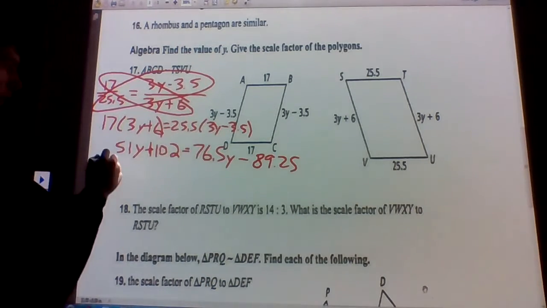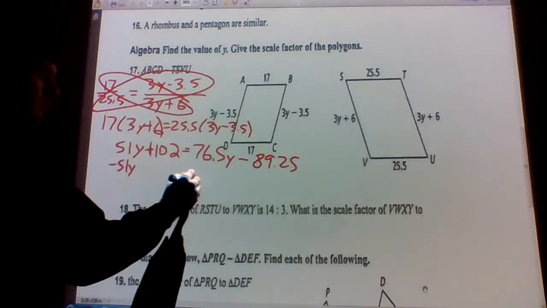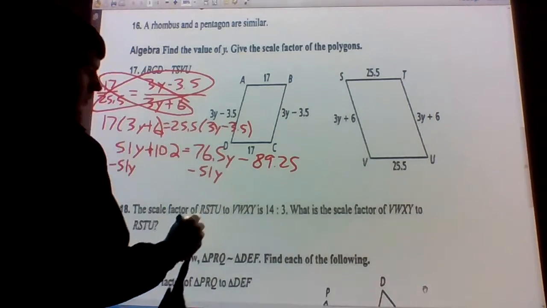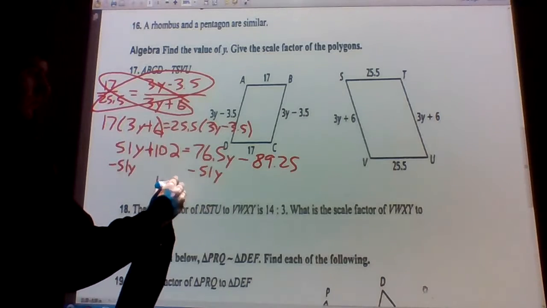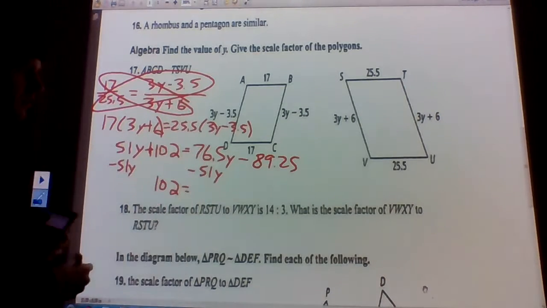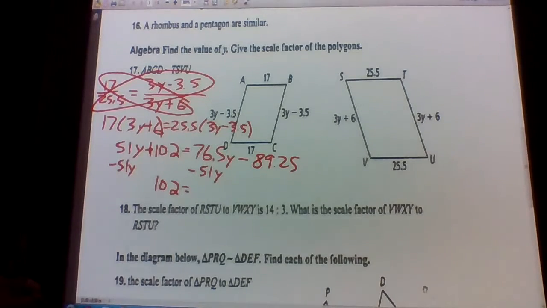We can then subtract 51y from both sides. Okay, so you get 102 equals 25.5y.